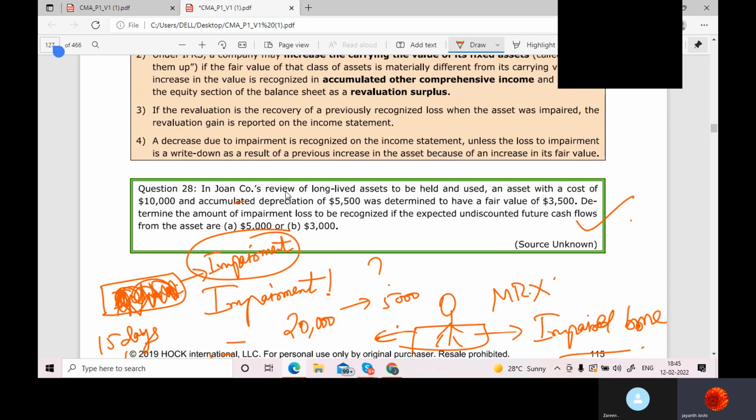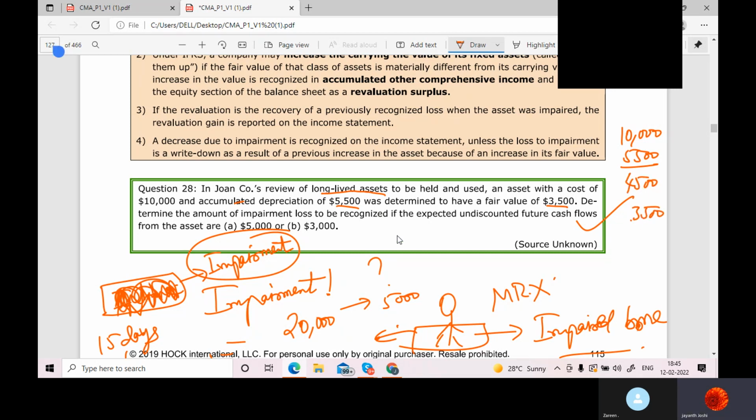In Joanne Company's review of long-lived assets to be held and used, an asset with a cost of 10,000 and accumulated depreciation of 5,500 was determined to have a fair value of 35. So your asset was 10,000, accumulated depreciation 5,500, and the fair value is this.